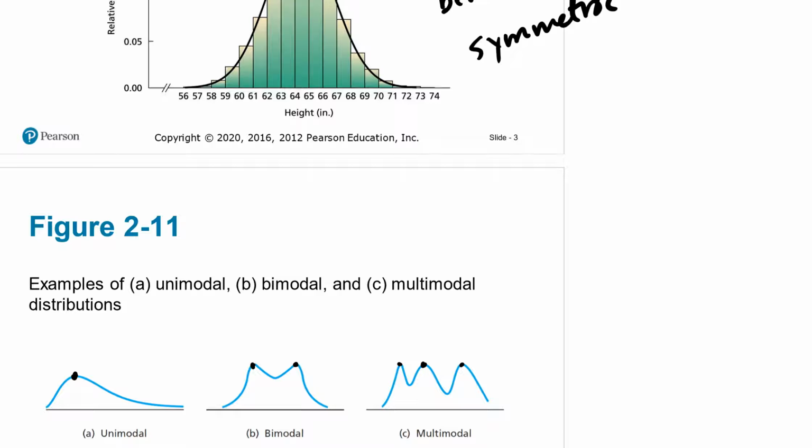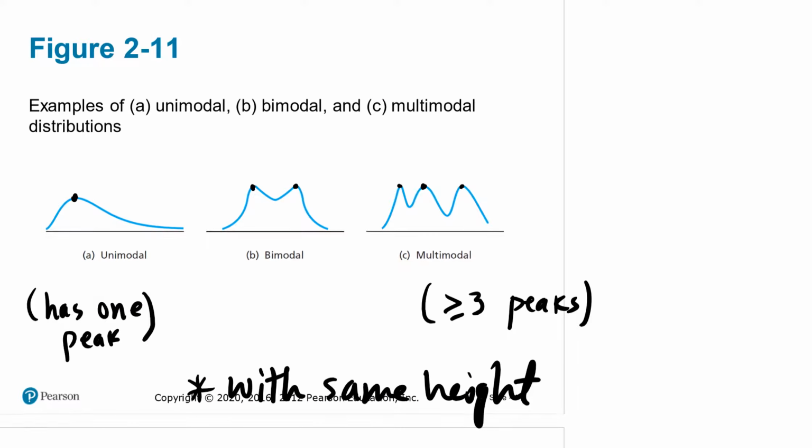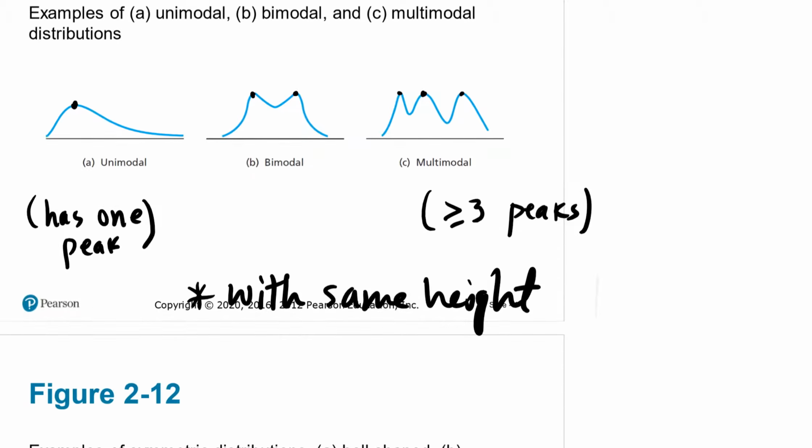We're going to be using the unimodal most of the time rather than the bi or multi. That's why we will focus on the unimodal from now on, but it's good to see the bi and multimodal as well. So this has one peak, that has two, that's three or more. They have the same height.